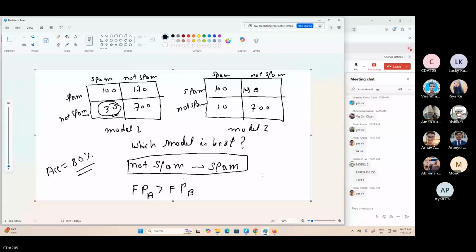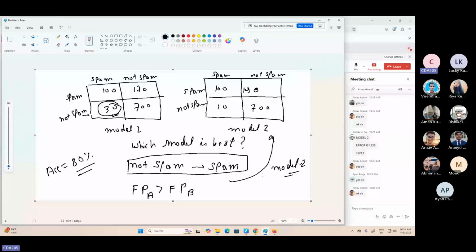Okay. And another thing we can see, यहाँ पे देखो, स्पैम था और उसको नॉट स्पैम बना दिया, तो इससे ज्यादा असर नहीं होने वाला है। So that's why we can go for model 2. We can go for model 2, which Rishikesh has done right.